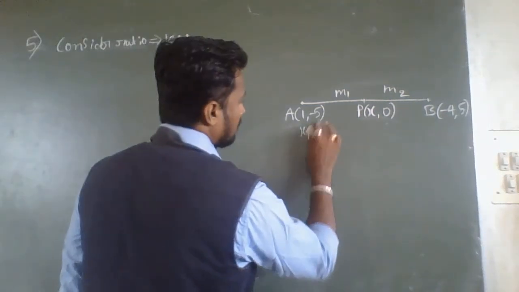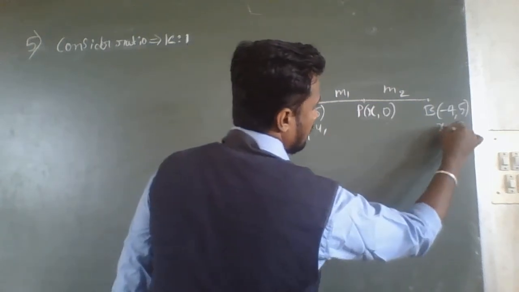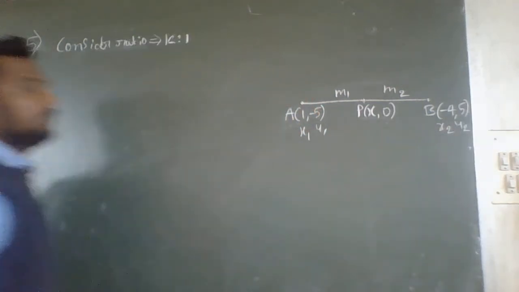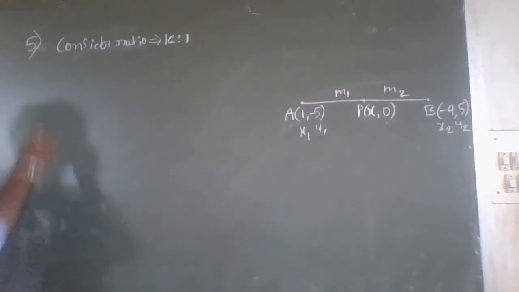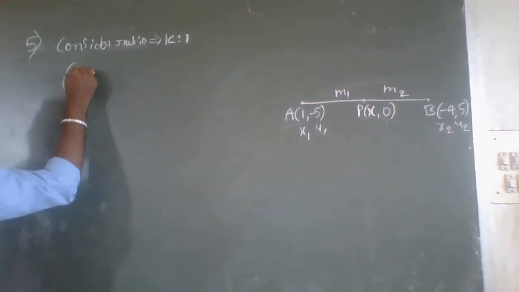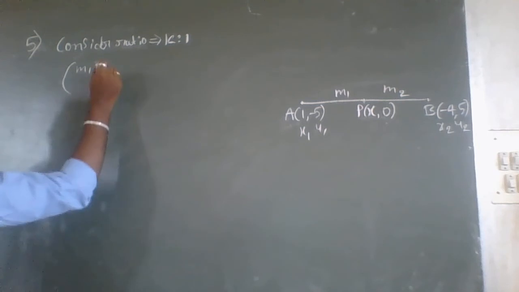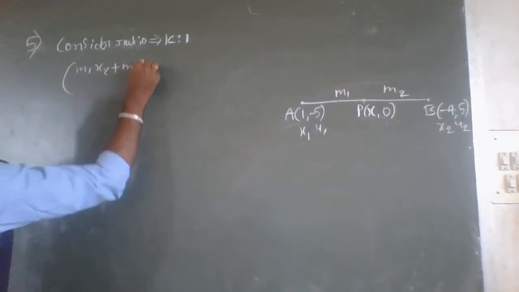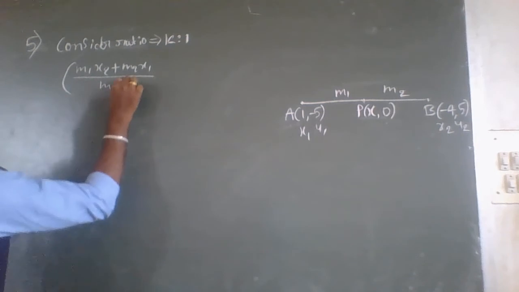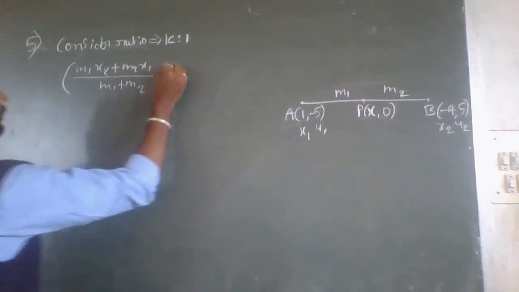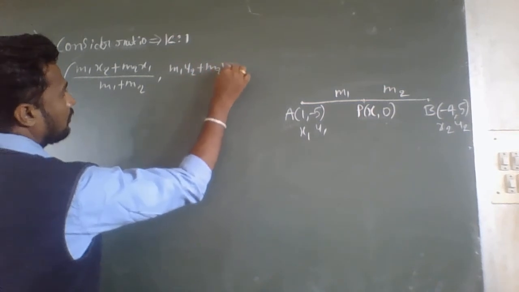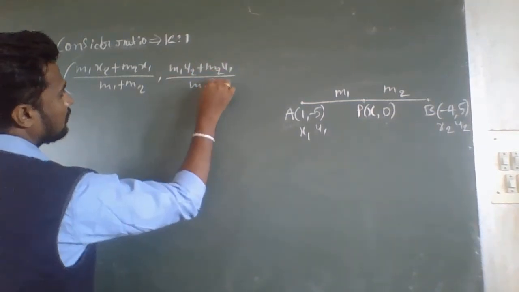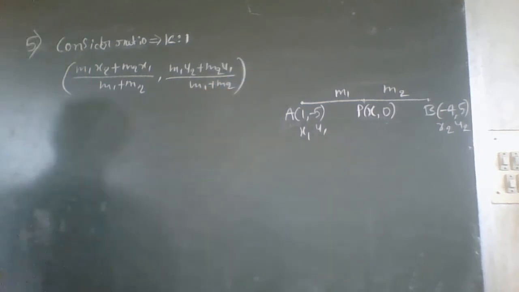Here these are the values x1, y1, and I will consider this as x2, y2. So now by using the section formula, what can we write here? m1 into x2 plus m2 into x1 divided by m1 plus m2 for the x coordinate, and m1 into y2 plus m2 into y1 divided by m1 plus m2 for the y coordinate.